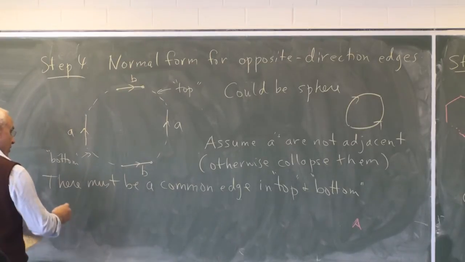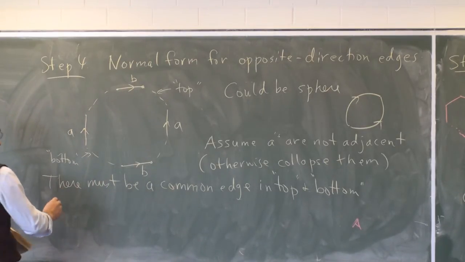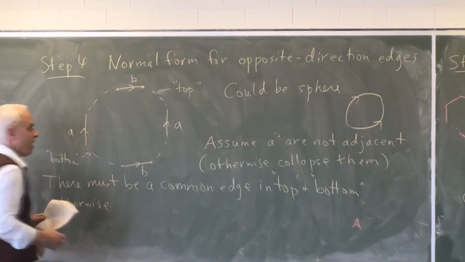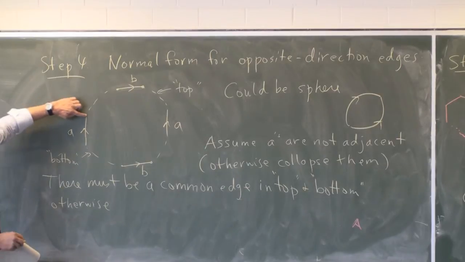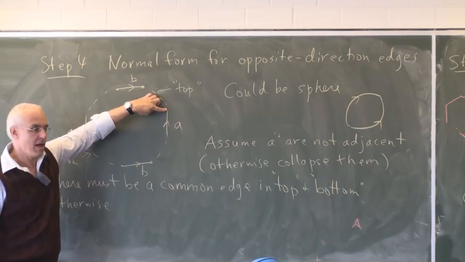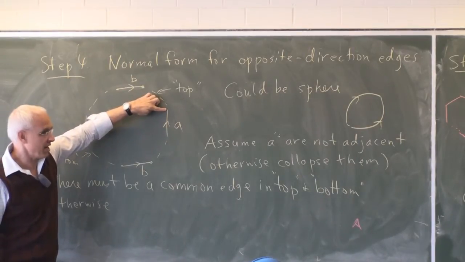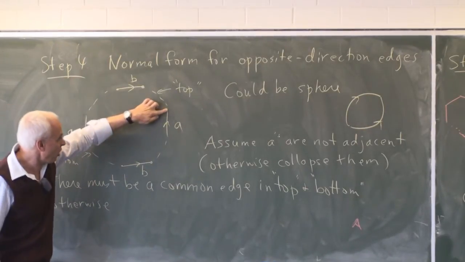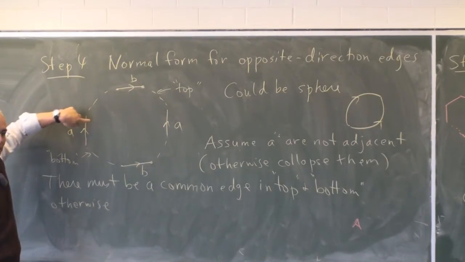Well, otherwise, there must be a common edge in the top and bottom. Otherwise, think about what this vertex is. This vertex is going to be associated to this vertex. But this vertex, well, there's only one vertex altogether. So all of these vertices are all the same.